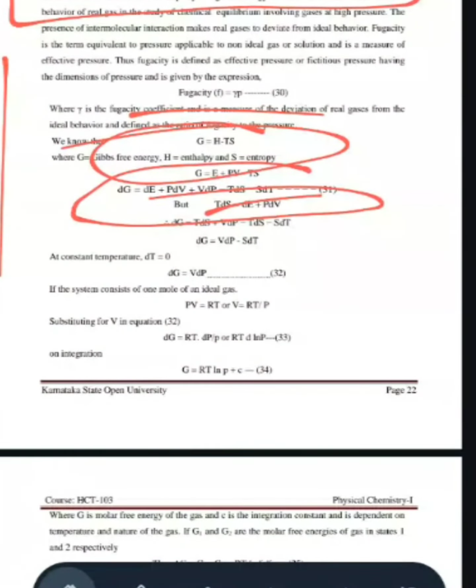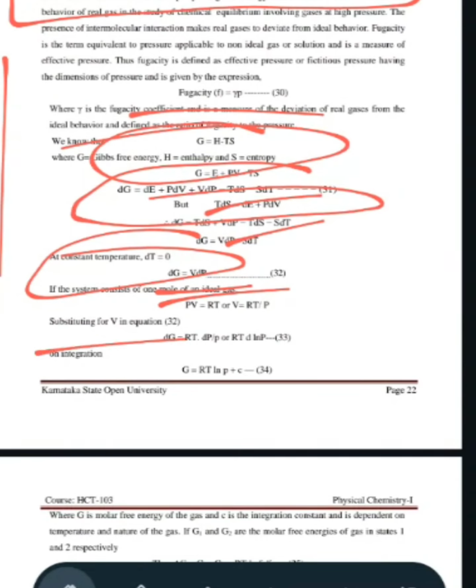Delta G is equal to delta E plus P delta V plus V delta P minus T delta S minus S delta T. So T delta S is equal to dE plus P dV. Where temperature is kept constant, delta T is equal to 0. So that can be denoted as delta G is equal to V dP. If the ideal gas is kept constant, that will be 0. Same with respect to volume.